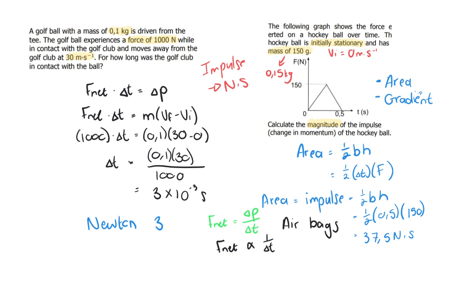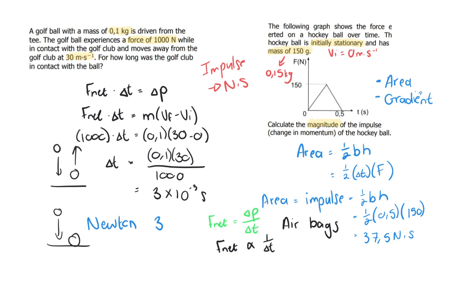Okay, or we have other examples where a ball is dropped, and in one scenario it bounces back, and we have another scenario where a ball hits the floor and then it just stays there.